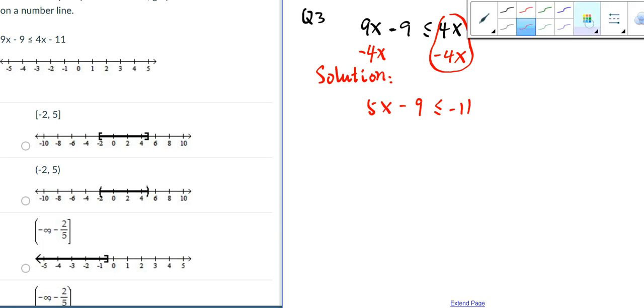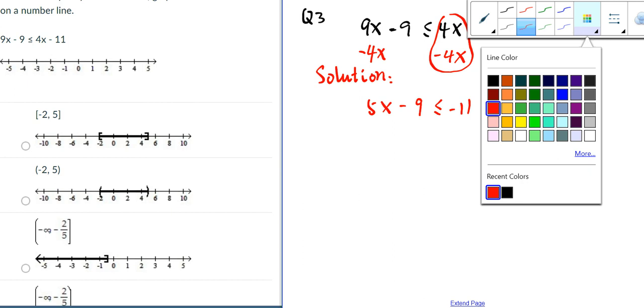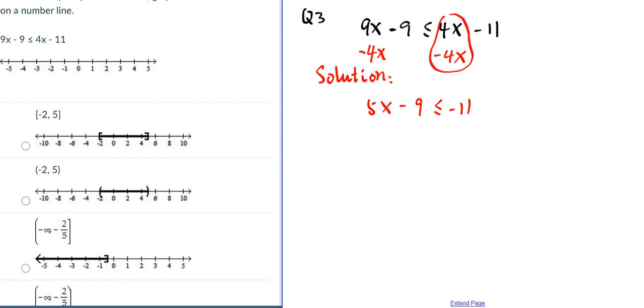Then what you do is both sides plus 9. Those two will be cancelled. So you will have 5x less than or equal to negative 2.